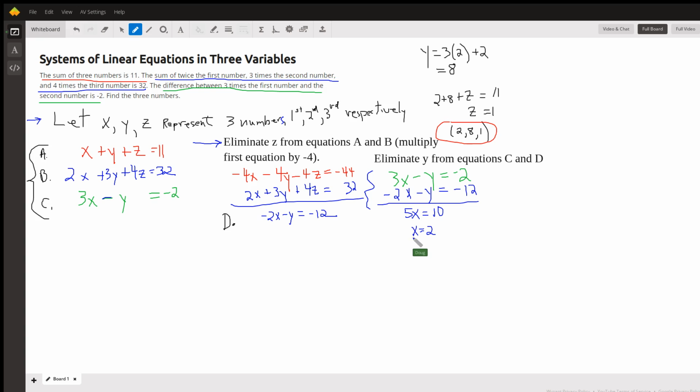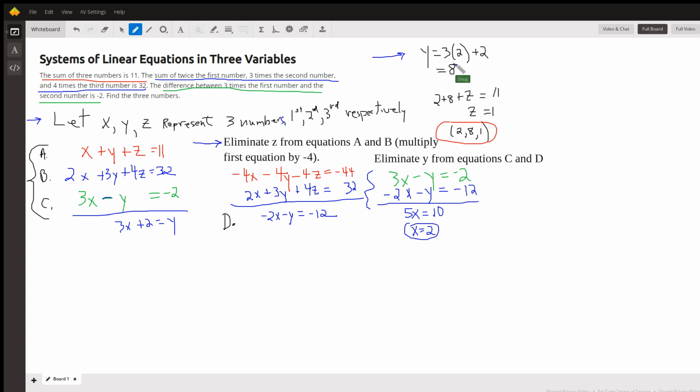The y's disappear. Once you've got the value for x, you can choose any equation that has x and y in it. This looks like an easy one right here. Put 2 in for x, solve for y, which I've done right up here. If you picture this as 3x plus 2 equals y, that's what I did when I rewrote this.